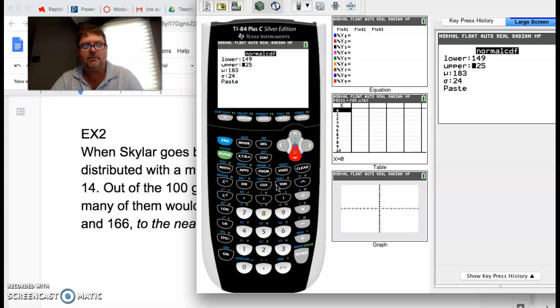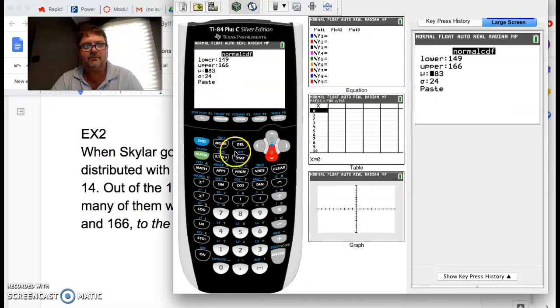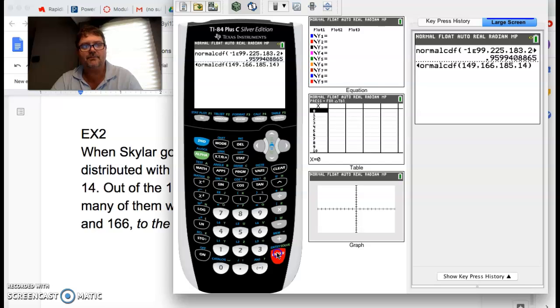And upper bound is 166. Your mean, 185. And standard deviation is 14. And we'll find out what percentage lives there.